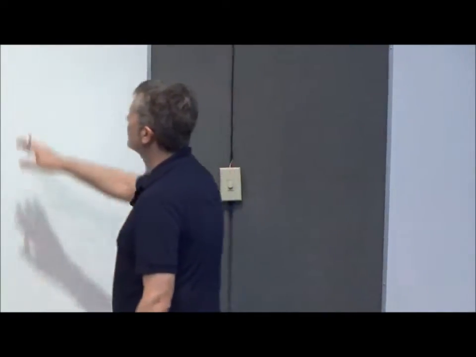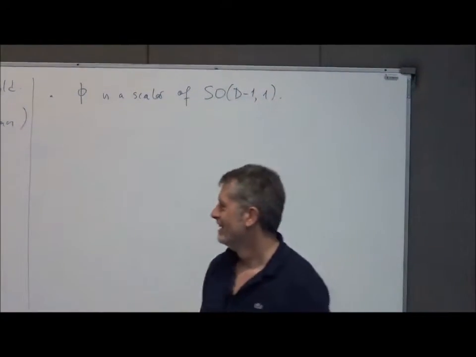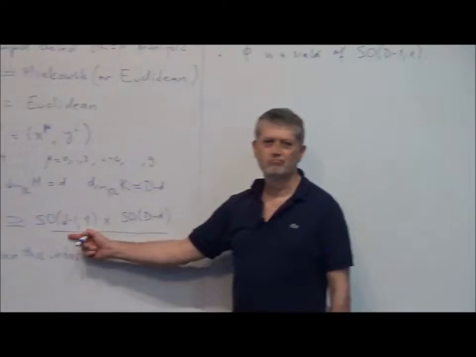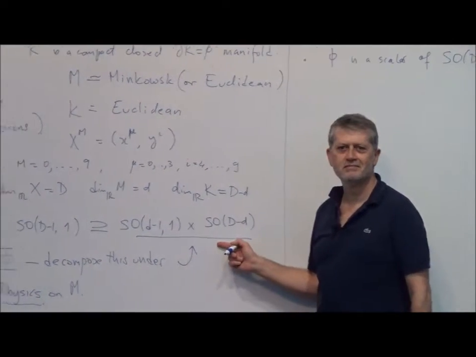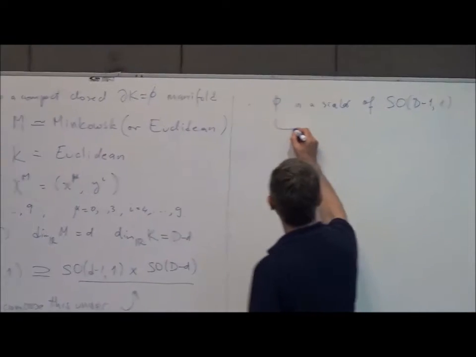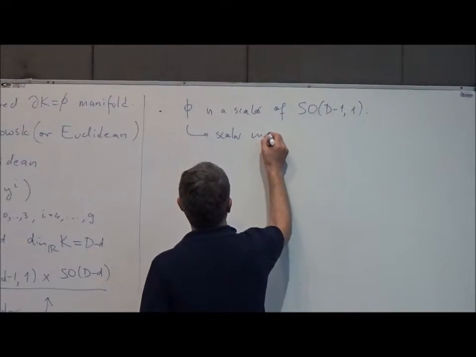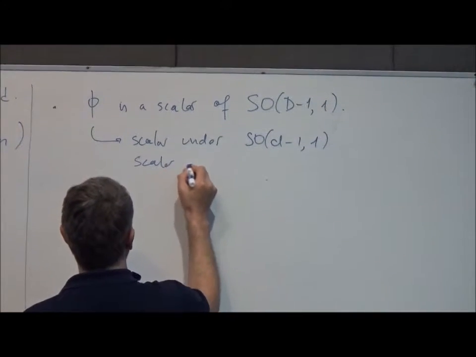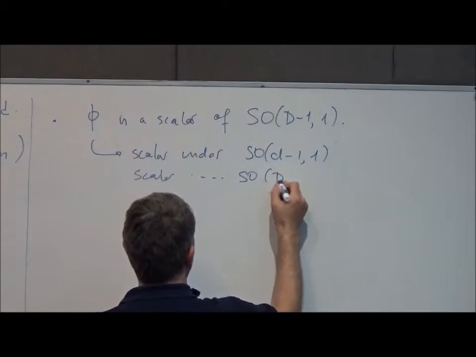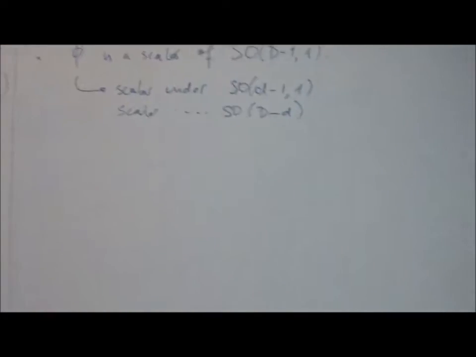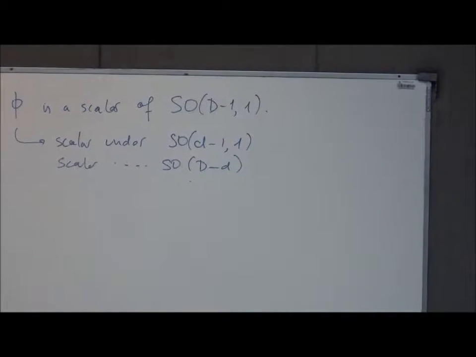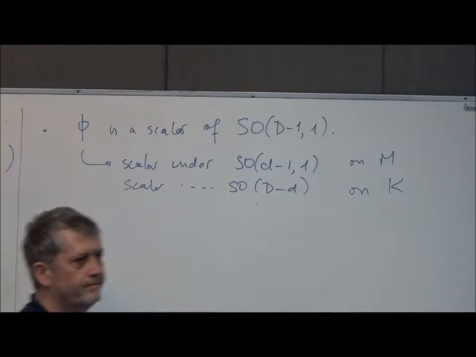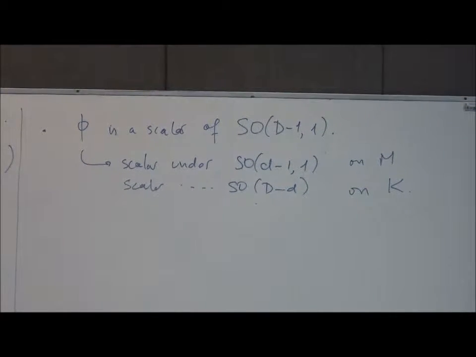Now if it's a scalar, and this is a subgroup of that, is it going to change under this? I think not. So this is a scalar under SO(D minus 1, 1), and a scalar under SO(d). So as far as a scalar in 10 dimensions is concerned, it is a scalar on M and on K. Well, that was easy.